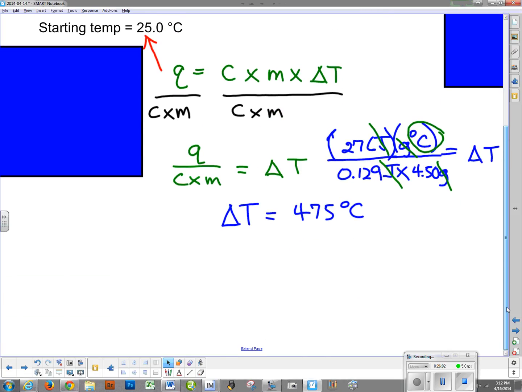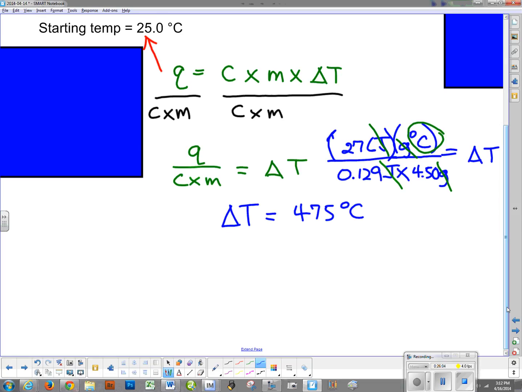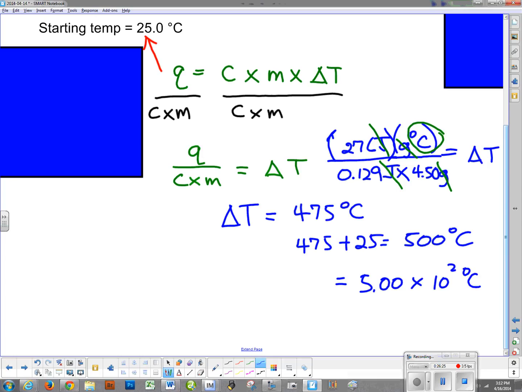And when we put that in here, we wind up with 475 plus 25 is equal to 500 degrees centigrade. And if you wrote that in scientific notation, it would be 5.00 times 10 squared degrees centigrade. And that would be the final temperature. Hope you find this helpful.